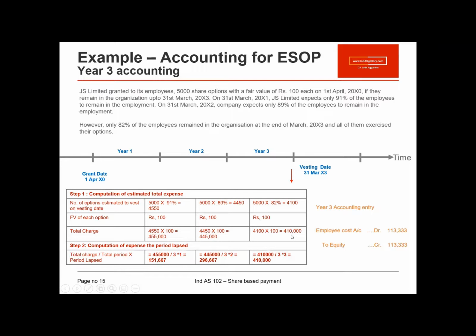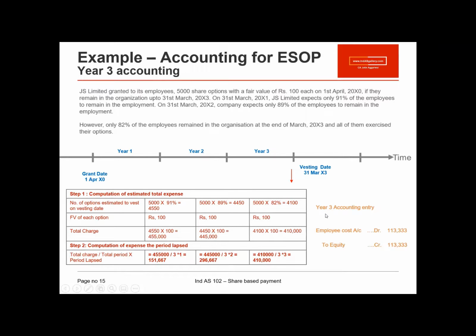So my total charge for this scheme comes out to be 410,000. Now this 410,000 is the cumulative charge that is supposed to be recorded at the end of year 3. I've already recorded at the end of year 2 a cumulative charge of 296,667. So whatever is the differential between the two is going to be the charge for year 3.